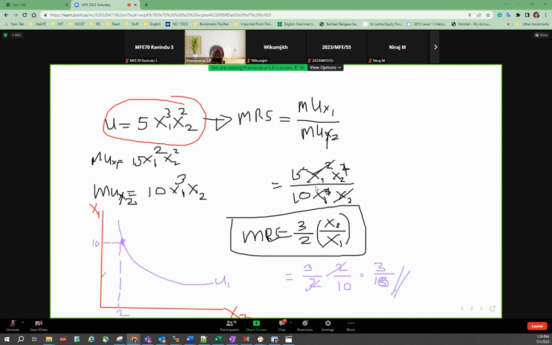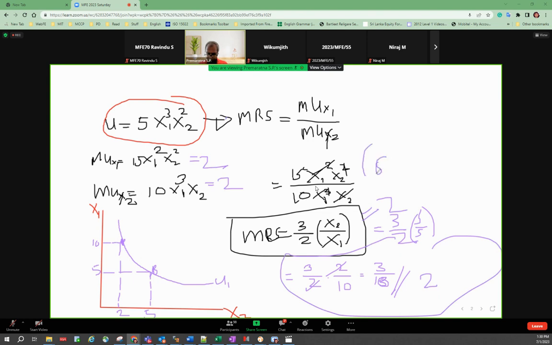Now look at somewhere here. Let's say X1 is 5, X2 also 5. A different combination, point B. So we can find the MRS, 3, 2, 5, 5. So you can find MRS easily given the point like that. So in the exam, one part of the question like that, find this one, I'll give 2 marks, here 2 marks, up to here 2 marks, and finding the answers another 2 marks, about 8 marks you can get for this kind of thing.